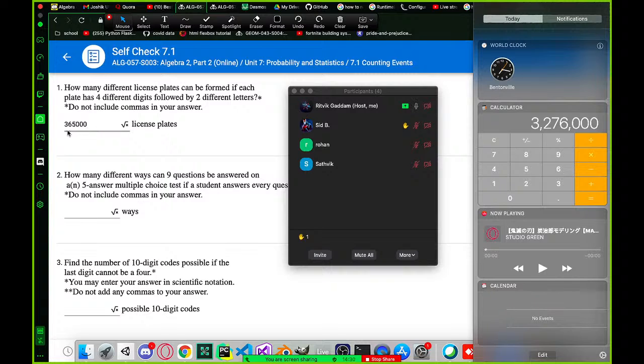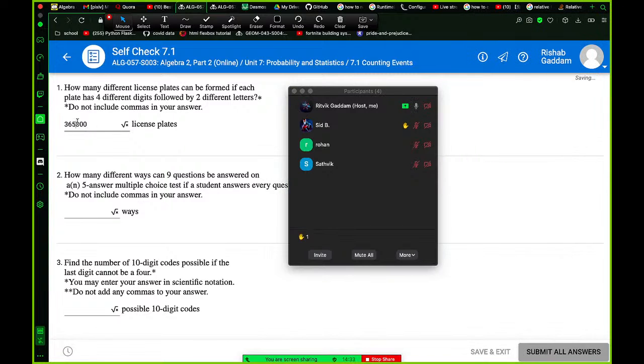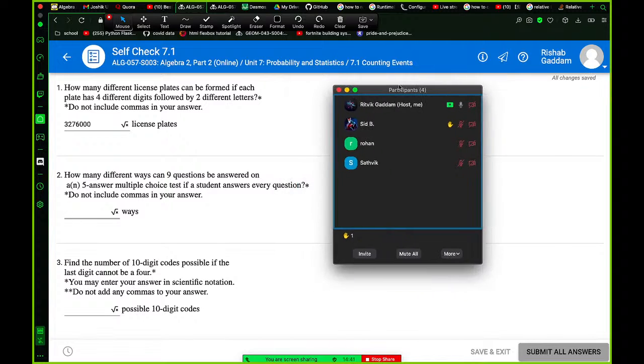That's 3,276,000. So yeah. Okay, Sid, you can do this next one.